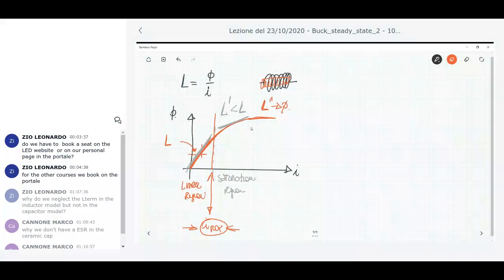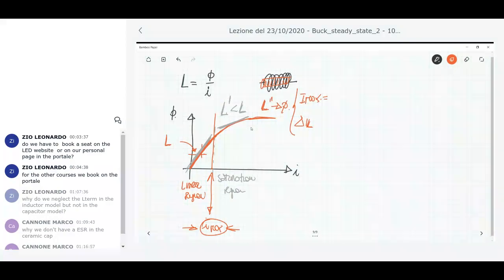Another important parameter is the inductor current ripple, delta I, because this parameter is related to the magnetic loss. So the maximum current is important and also the current ripple, because it can give you some losses. These two parameters are important for choosing the inductor, and we already defined both.